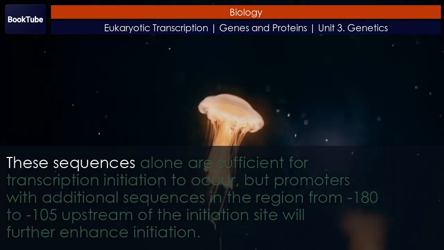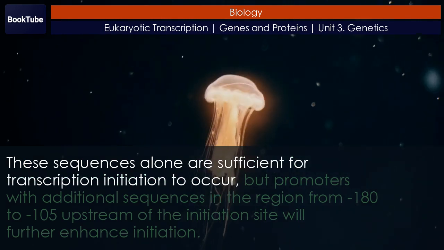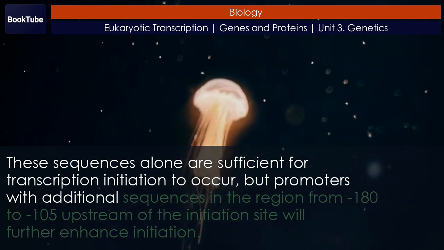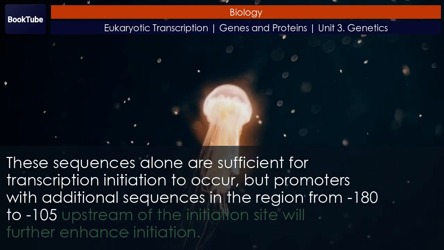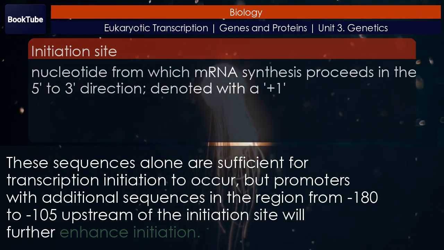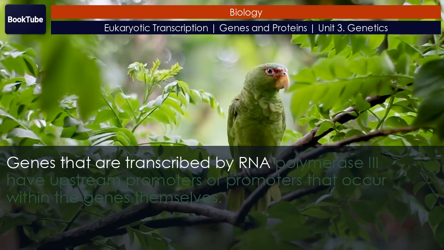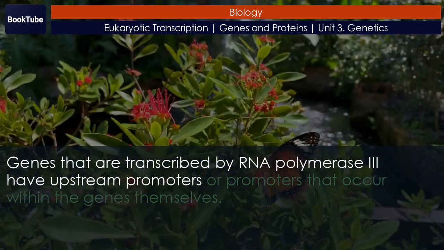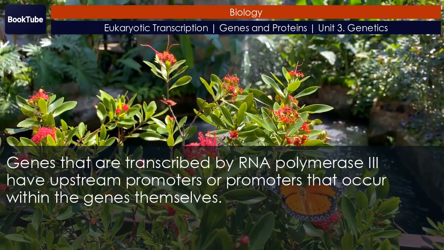These sequences alone are sufficient for transcription initiation to occur, but promoters with additional sequences in the region from -180 to -105 upstream of the initiation site will further enhance initiation. Genes that are transcribed by RNA polymerase III have upstream promoters or promoters that occur within the genes themselves.